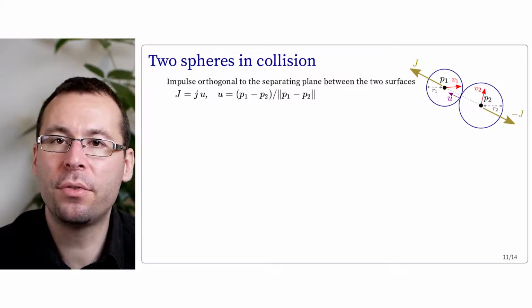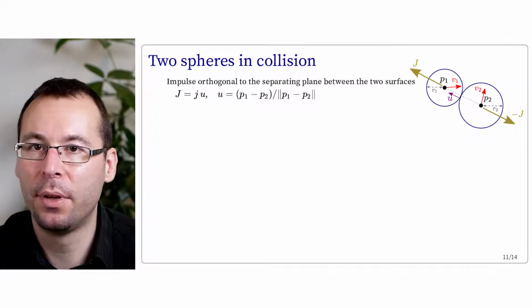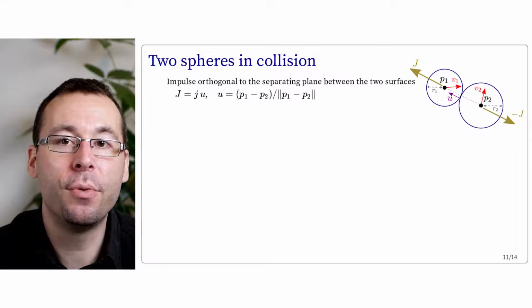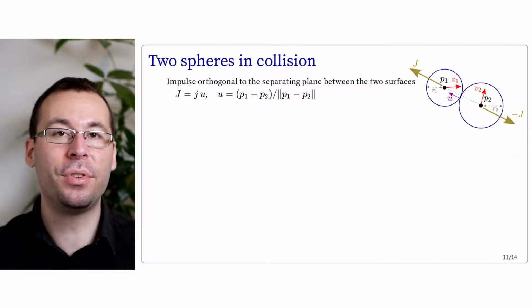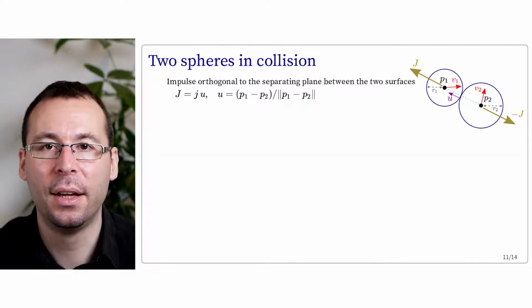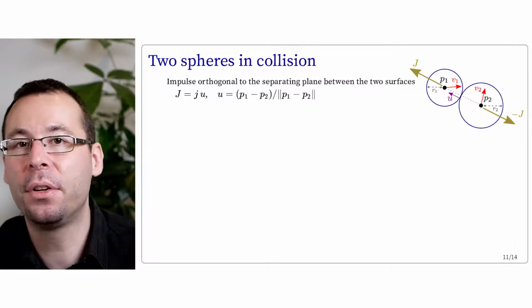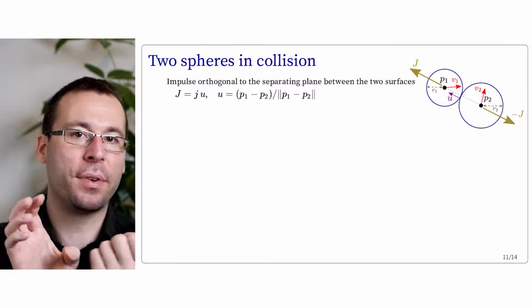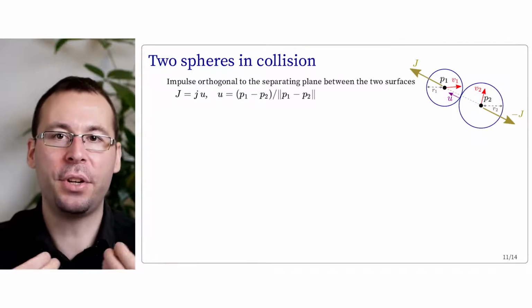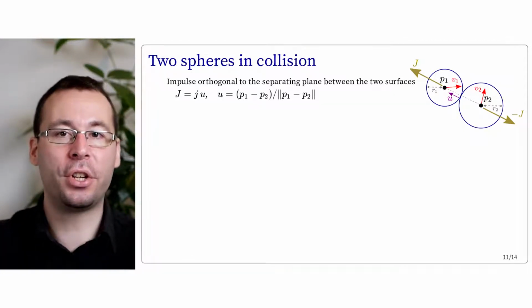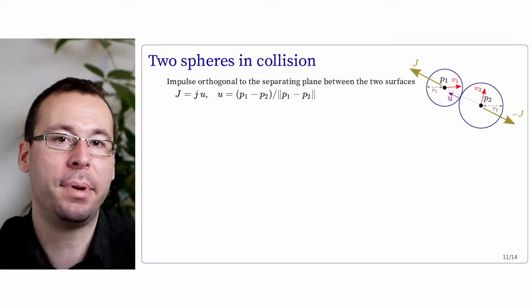So let's go back to our spheres in collision. First, we can note that the impulse will take place orthogonally to the separating plane. Indeed, if we look at the phenomenon, the forces taking place during the collision are the reaction forces of the spheres. These reaction forces are only along the direction which is orthogonal to the separating plane.